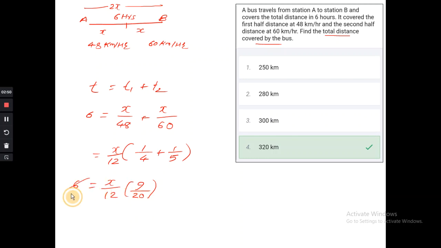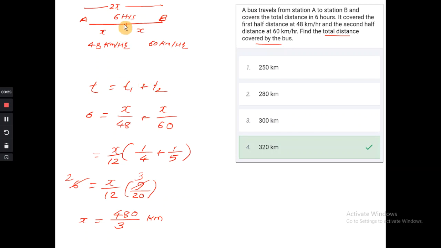This can be cut out as 3 2s are 6 and 3 3s are 9. So the x will be 12 into 2 into 2, so this will be 4 0 divided by 3 kilometer.